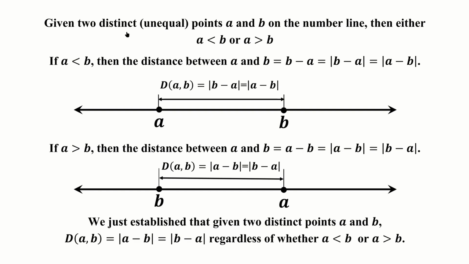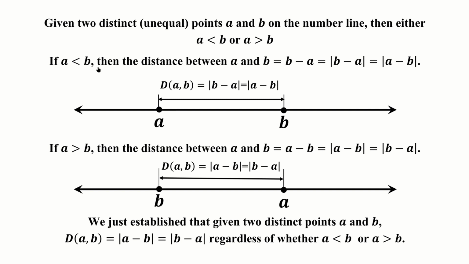Given two distinct, remember, when you see distinct in mathematics, that just means unequal, right? Different, that's what it means. So given two distinct points, a and b, on the number line, then one of the following has to be true, right? Either a is less than b or a is greater than b. You see that? Which is the same as saying b is less than a.